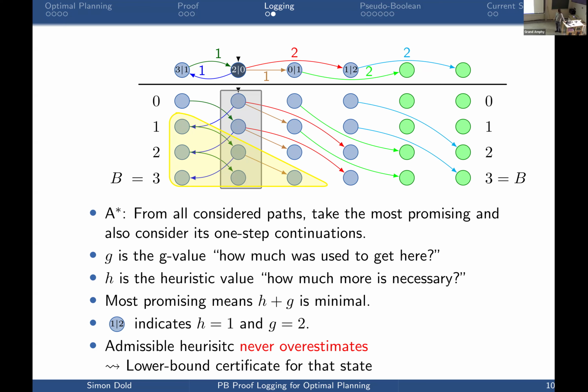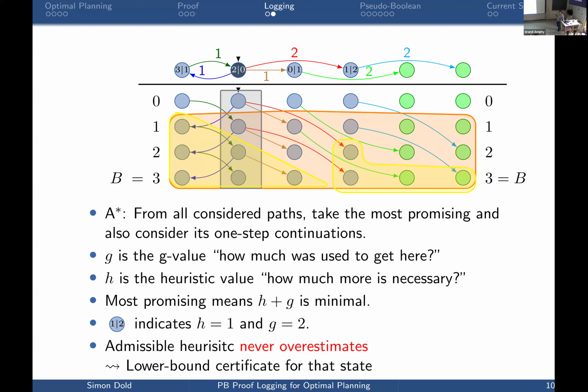There you can again confirm the 3 properties. I can do 2 steps without finding a goal state, and therefore it is a lower bound certificate for that. Similar for this one, I need at least 1 step to get to a goal, so it's a lower bound certificate for that. And for a heuristic value of 0, I can put a trivial box around everything that has this cost layer and below or with higher cost.